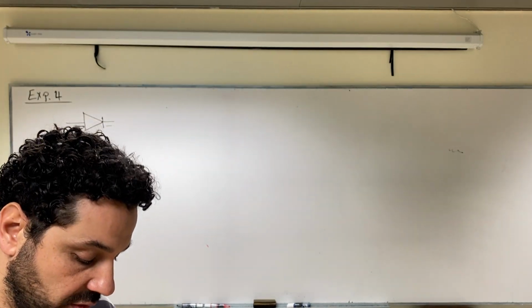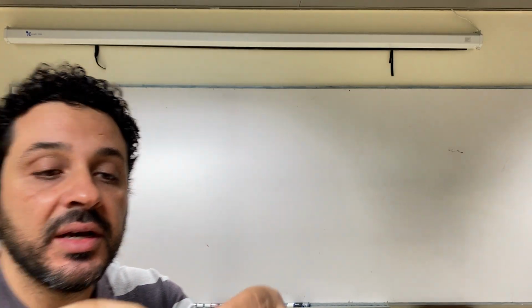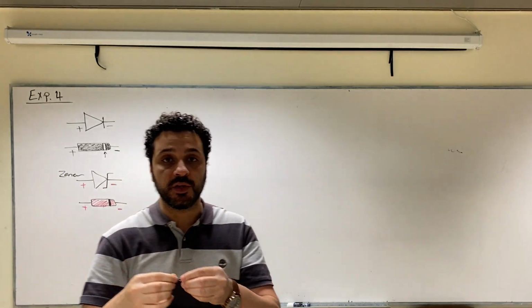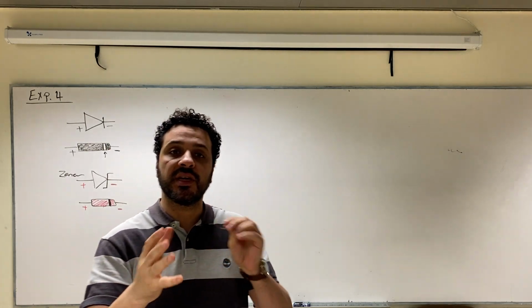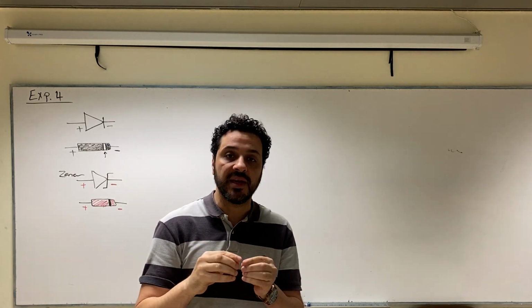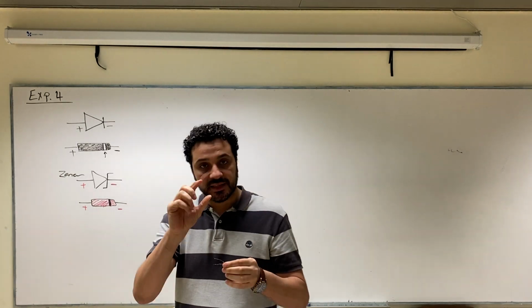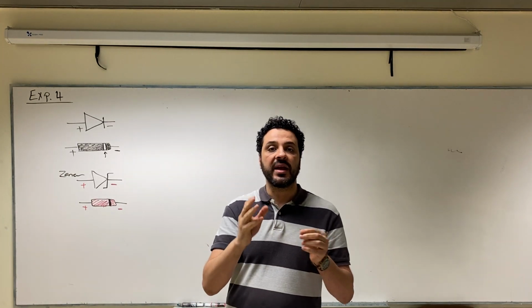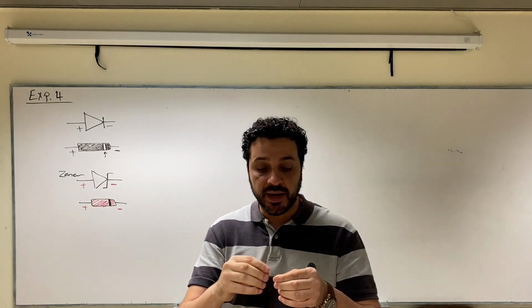We have 2 types of Zener diodes. We have a Zener diode with a breakdown voltage of 5.1 and another Zener diode with a breakdown voltage that ranges between 2.1 and 3.6. The one that we are going to use in our lab is the smaller one with breakdown between 2.1 and 3.6, and I'll explain why later.